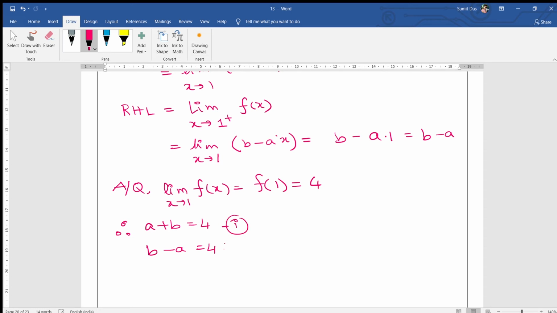This is our equation 2. Why? Because this is the left hand limit and right hand limit, both values are 4. Then what we have to do? We have to just solve the equations.